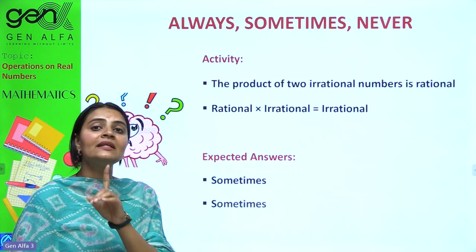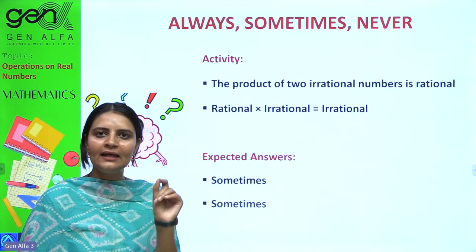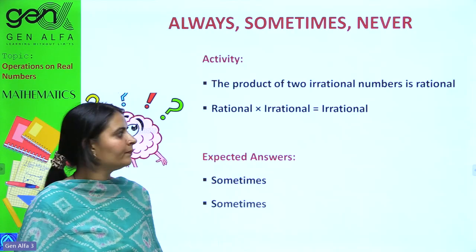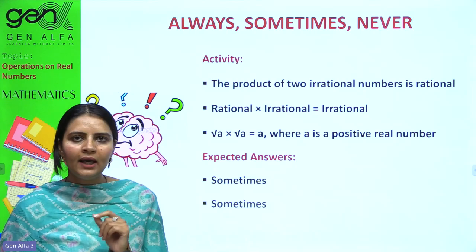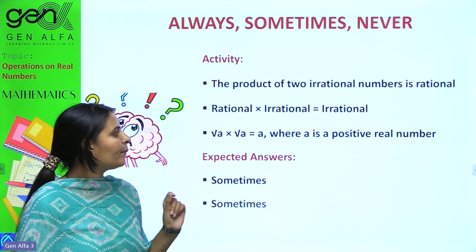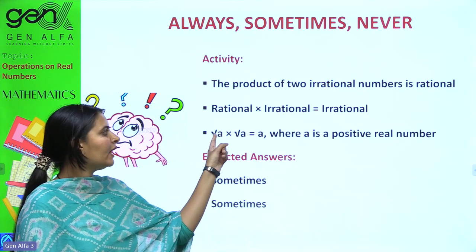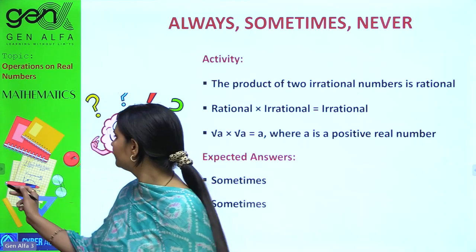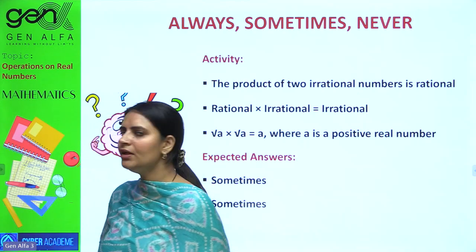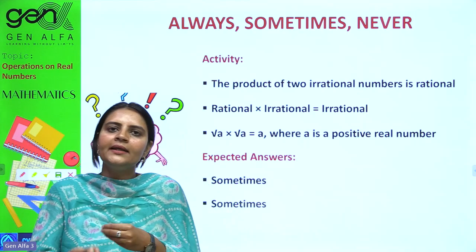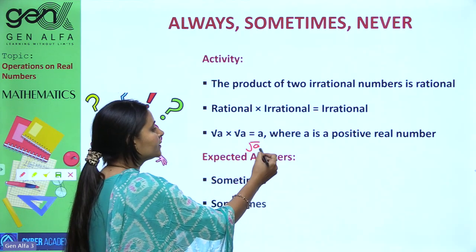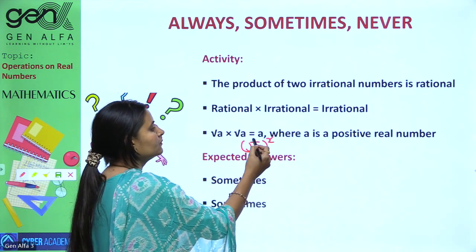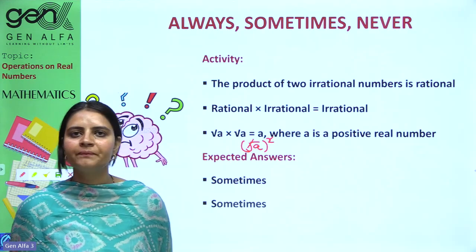Only one example is sufficient just to deny the statement that it is always true. Root a multiplied by root a gives you a, where a is a positive real number. That means we are squaring root a. Basically, when a quantity is getting multiplied by itself, we are just taking the square of it, giving you a always.